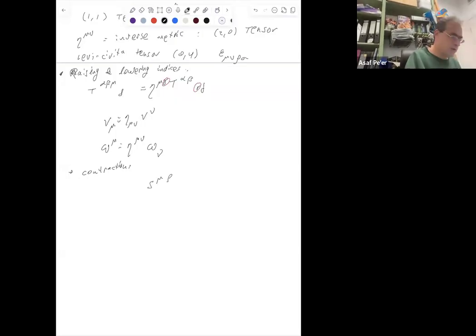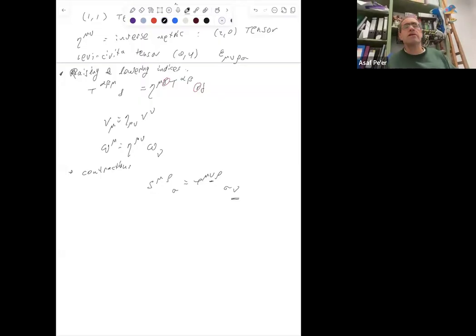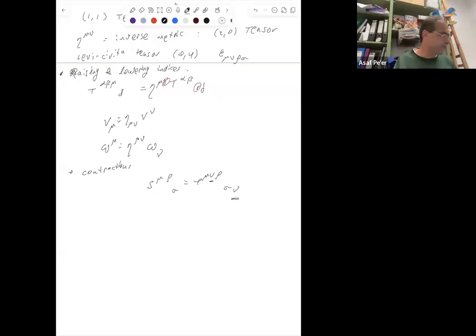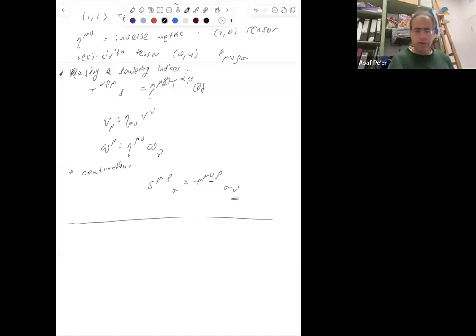As mu rho sigma is T mu nu rho sigma nu. I can contract two indices, always one upper and one lower. That pretty much is sufficient to give us the necessary mathematical background to start.